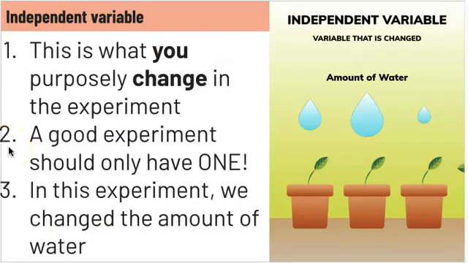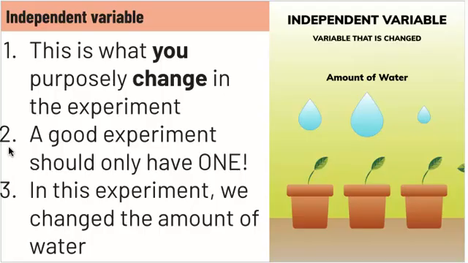Now let's talk about the independent variable. As I said just a couple of seconds ago, this is the thing that you change on purpose as the scientist. If you have developed a good experiment, then you should only have one independent variable, only one thing that you're changing at a time. If we look at our example experiment, the thing that we're changing is the amount of water that each plant gets.